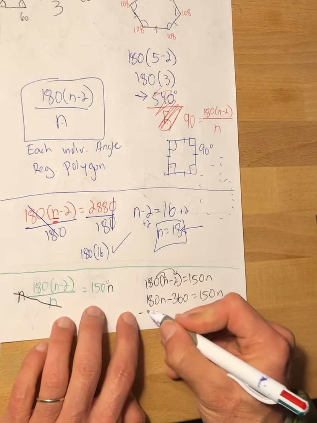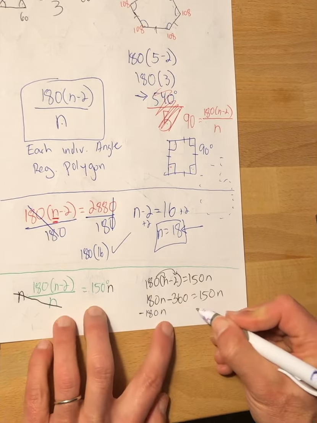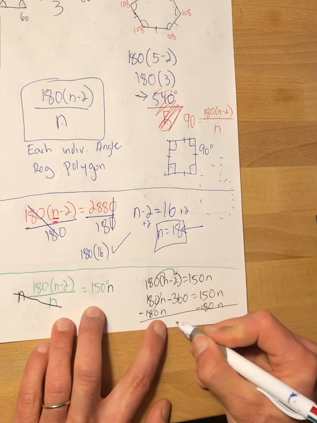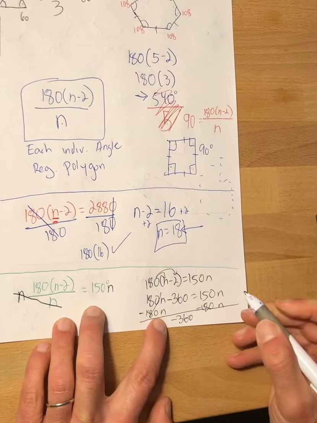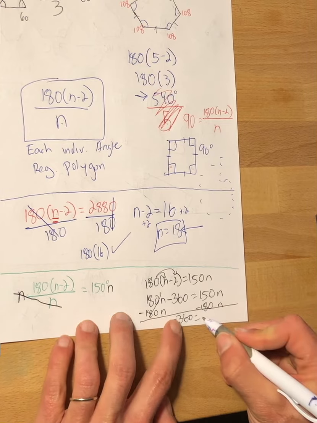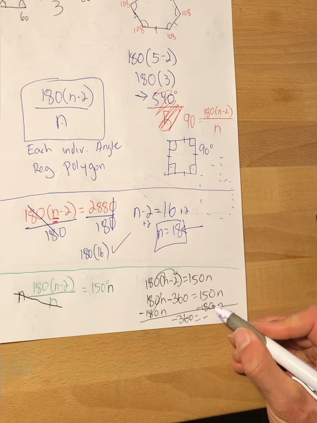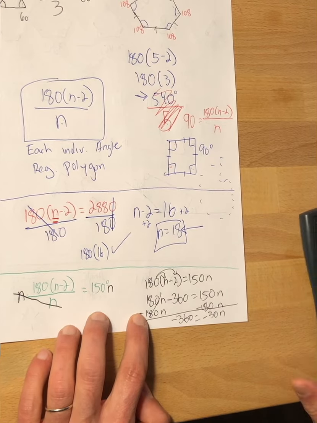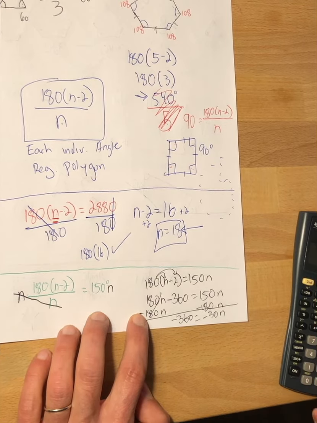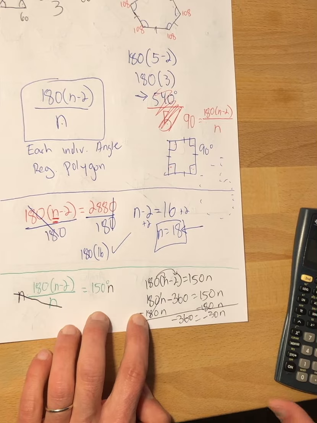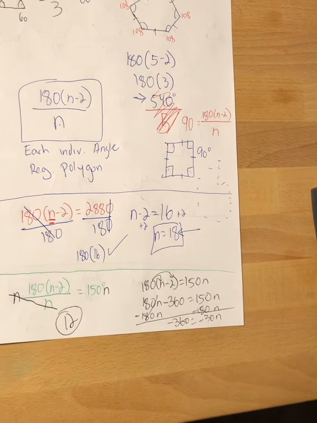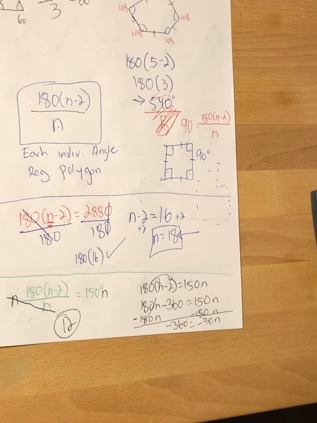All right, subtract 180n from both sides, and you get negative 360 equals negative 150 minus 180, which is negative 30n. So 360 divided by 30 is going to give me 12. This figure has 12 sides.